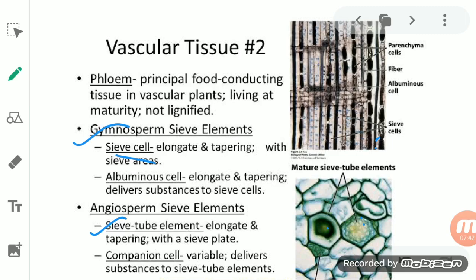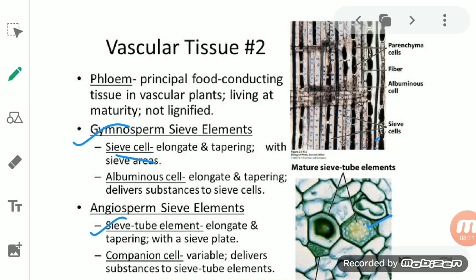In the case of sieve cells, the perforation is present at the end of the cell wall. Here also perforated plates are there, but what is the difference? Instead of the perforation all over, like in the case of a sieve tube, in sieve cells there are only some areas where the perforation occurs.